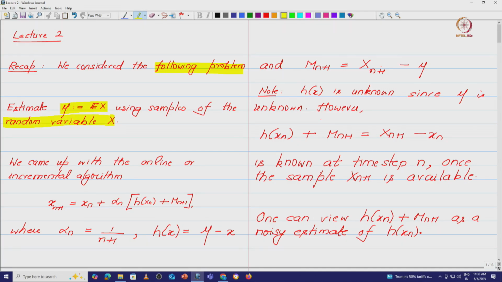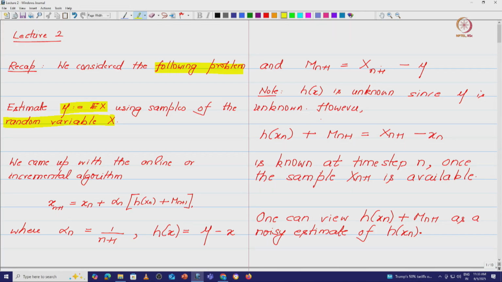We then came up with the online or incremental algorithm x_{n+1} = x_n + alpha_n times (h(x_n) + M_{n+1}), where alpha_n equaled 1/(n+1), and we referred to this alpha_n as the step size.